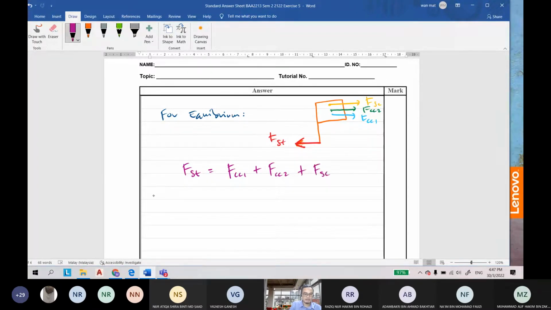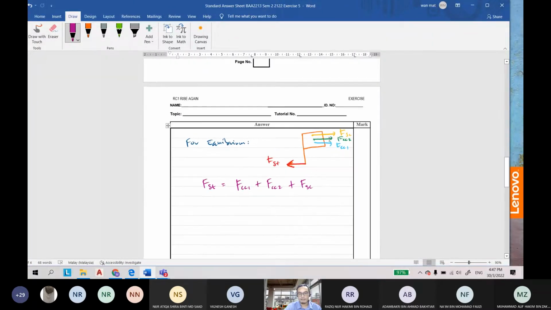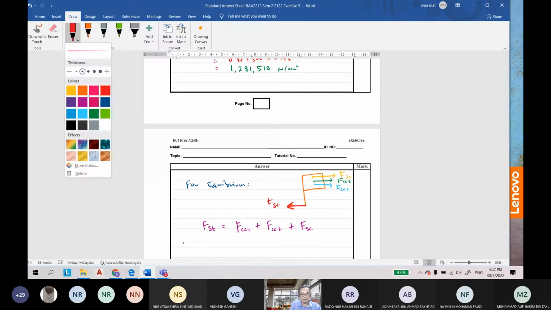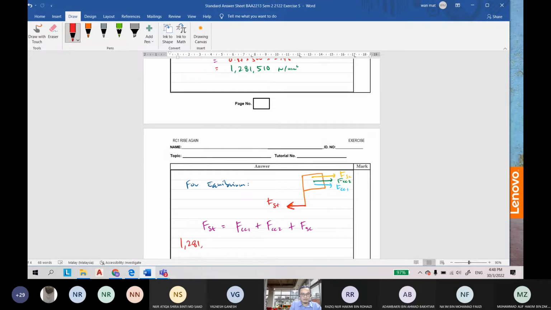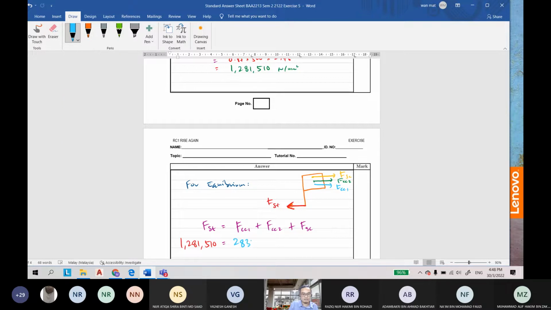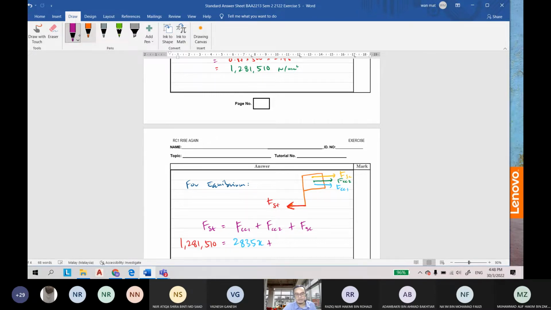So what is the value of FST? 1281510. So FST is equal to FCC1, which is 2835x, and then we plus FCC2. This one is 637.875.